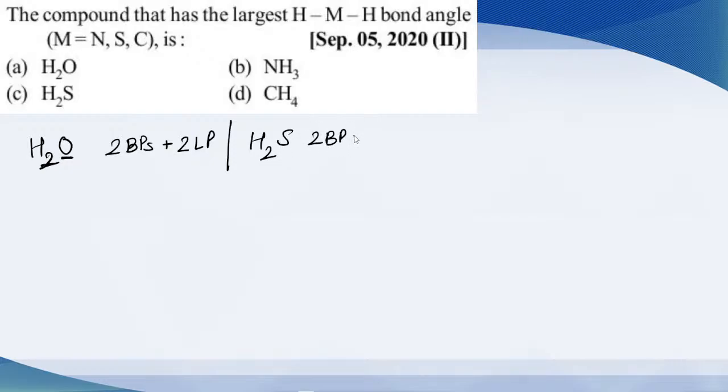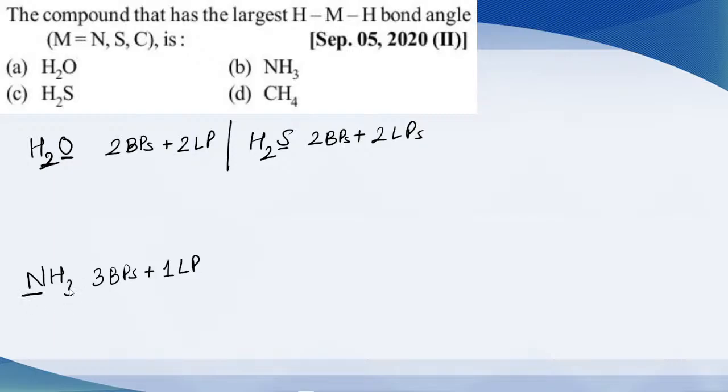2 bond pairs. Sulfur again has 6 valence electrons. So 2 lone pairs. Now NH3. Yes, but in NH3, how many bond pairs and lone pairs are there? 3 bond pairs and 1 lone pair, because nitrogen has 5 valence electrons.